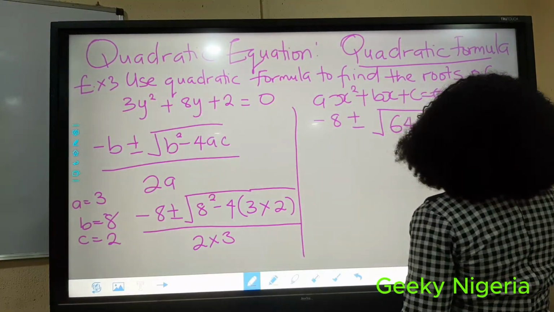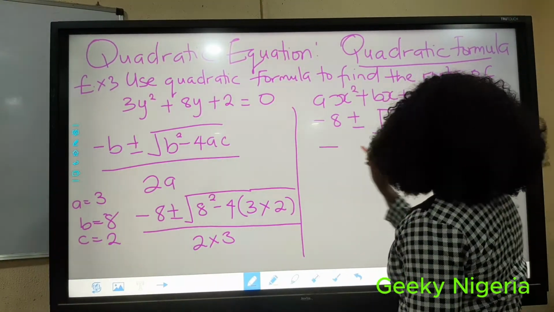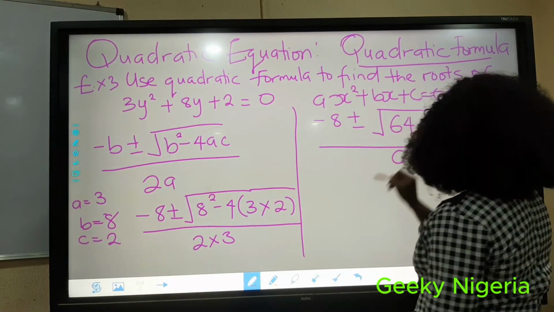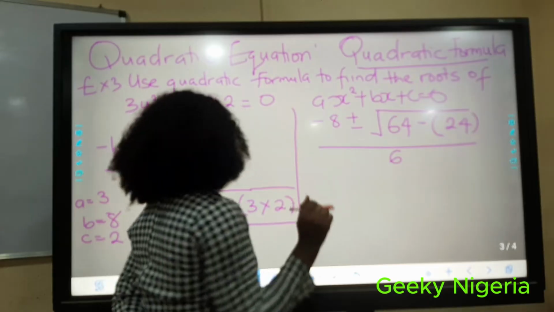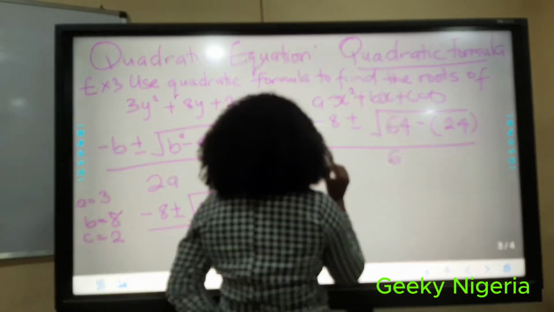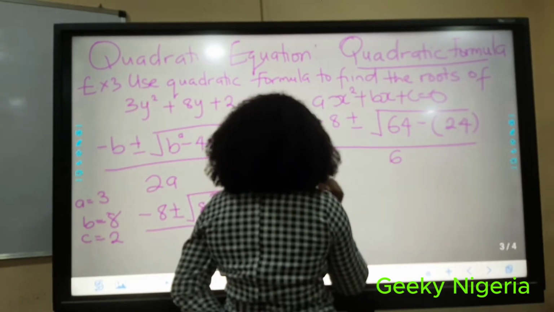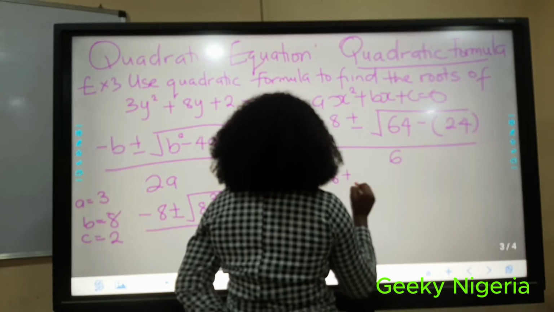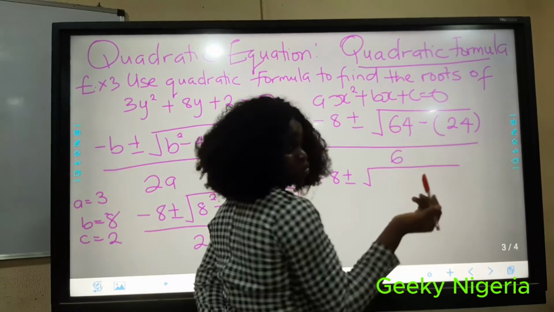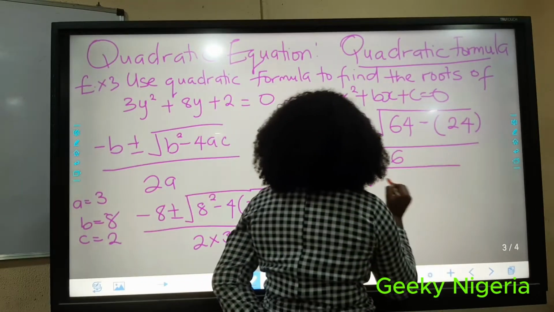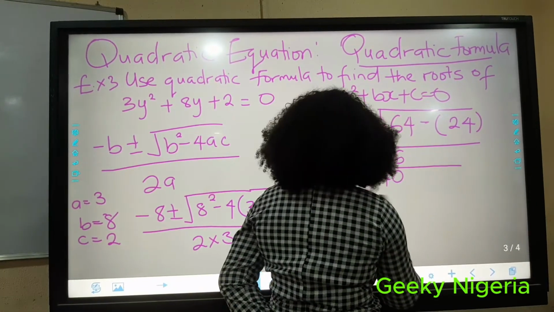All over 2 times 3, 6. So we now continue. We've expanded that. So we now have minus 8 plus or minus the square root of 64 minus 24, which is 40. All over 6.